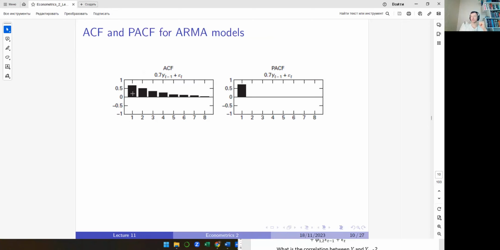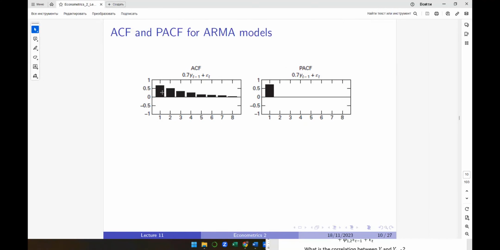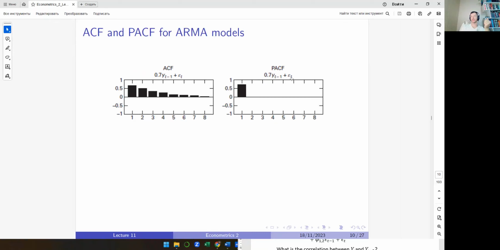It starts with 0.7. And here is the PACF. So partial autocorrelation has only one value at lag 1 and then disappears. Everything is 0. Exactly what I was talking about when I said that for an AR(p) model, PACF cuts off at lag p.